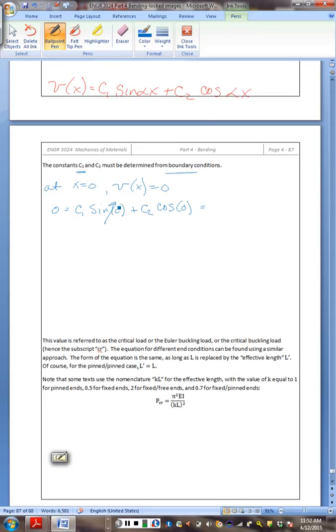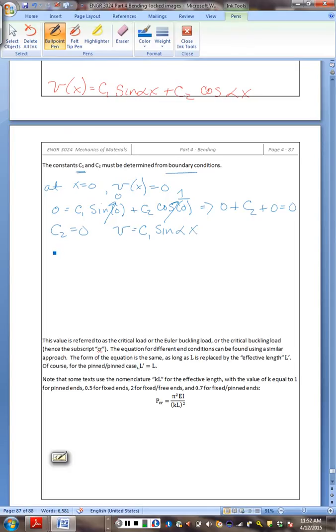Well, this guy is 0, this guy is 1, which gives us 0 plus C2 plus 0 equals 0. C2 has to equal 0. So that gives us that the deflection equals C1 sine of alpha x. What else do we know?